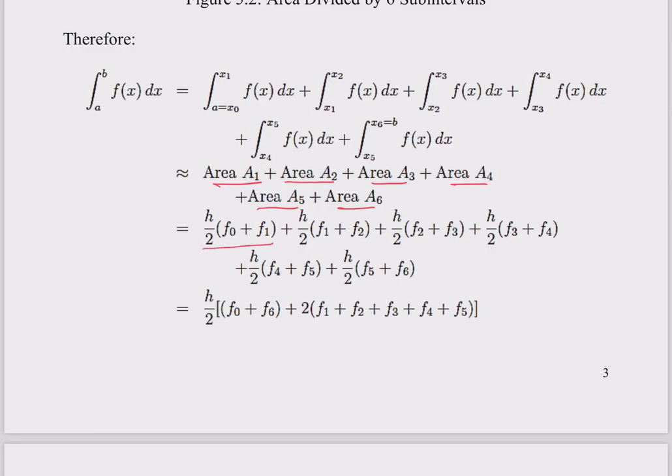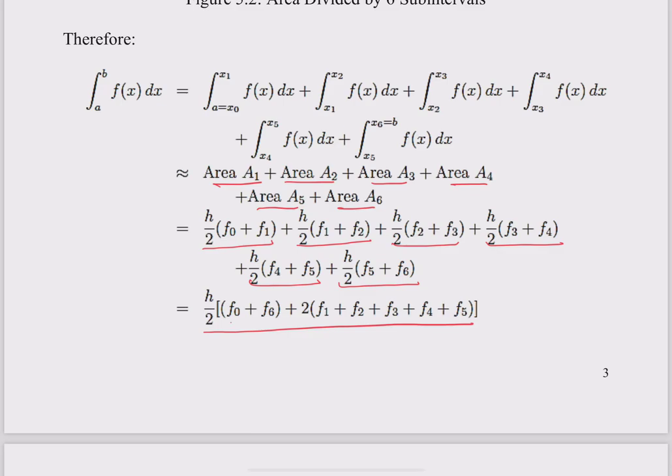So this is from the first one, the second one, the third, fourth, fifth and sixth, and after that you simplify, and this is what you will get if you have 6 sub intervals.